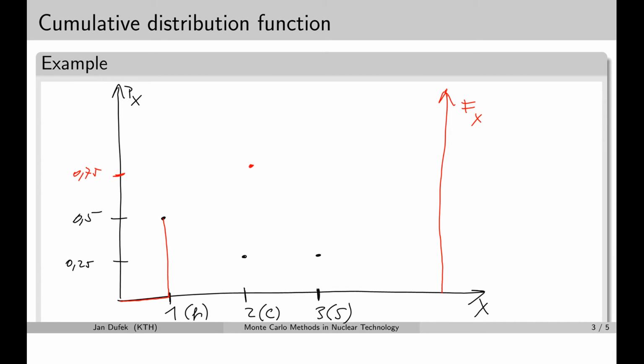So the cumulative distribution function would look like this. And then finally for the value 3, we combine all the probabilities together, and we know that they have to equal 1. So the cumulative distribution function at the value 3 must be 1. So the cumulative distribution function will look like this, like stairs.